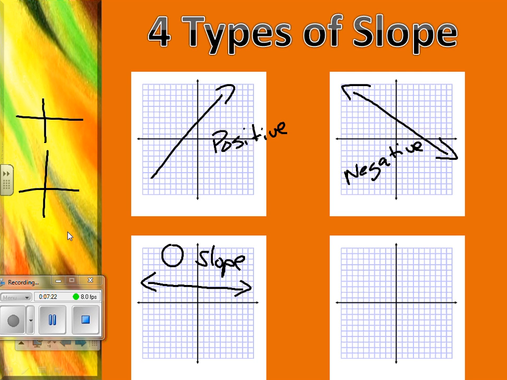Okay? Then you have slopes that look like this, straight up and down. Now tell me this. Can you ski a completely vertical hill? No, why not? If I tried to ski a hill like this, straight up and down, completely vertical, I'd be falling, right?